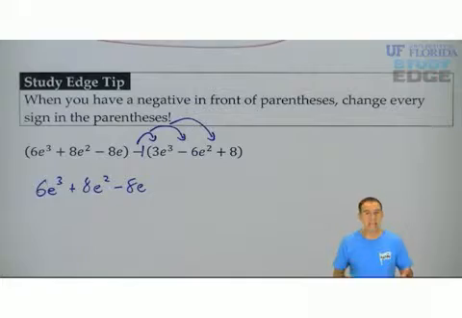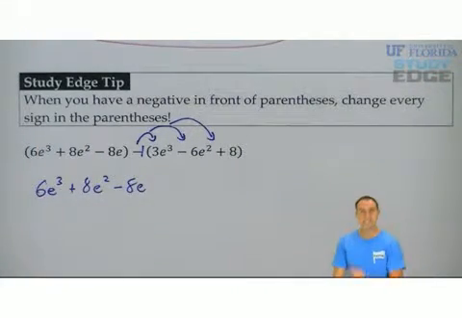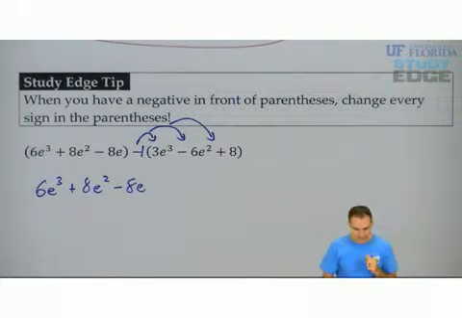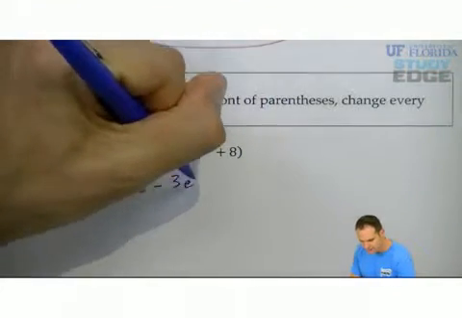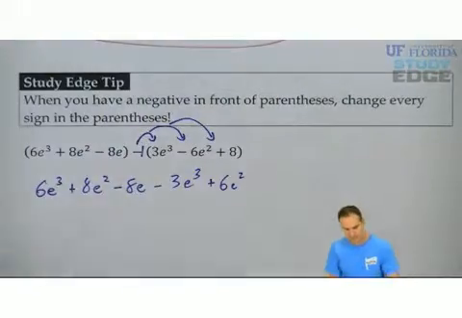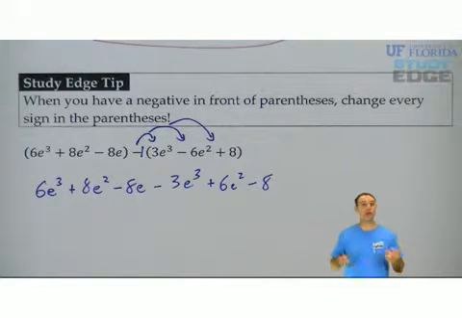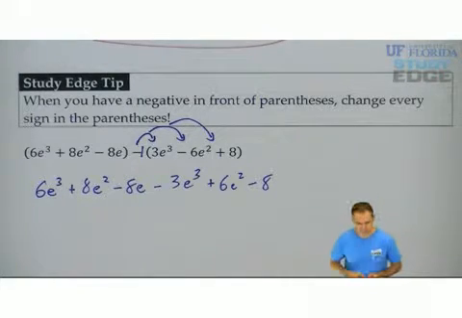But another way, again, is just change every sign in the second set of parentheses after the negative sign. This will be minus 3e to the 3rd power plus 6e squared minus 8. And now I'm going to go ahead and combine like terms.